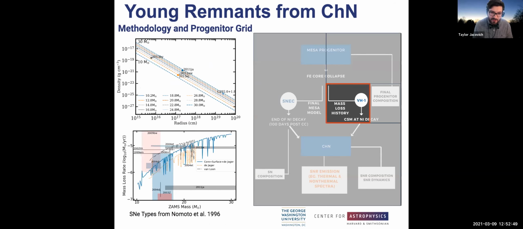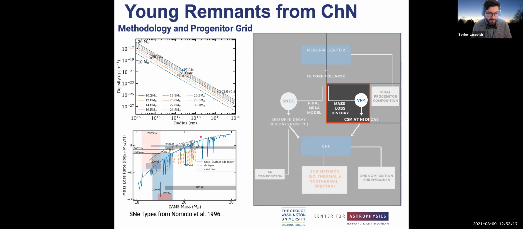And then to just really quickly touch on the CSM. Most of our models were more or less very well-behaved red supergiant stars at the end of their lives, with some exceptions. And we were able to produce a CSM density that looked more or less like one that would be constructed by a stellar wind, with the 1 over the distance squared dependence on the density.